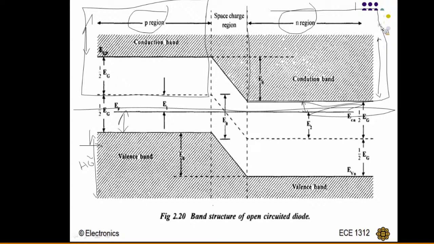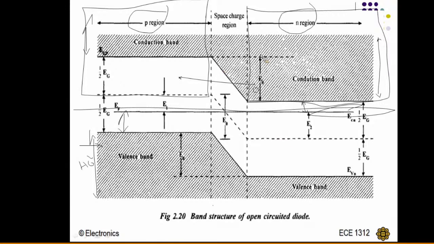I am taking only this conduction band portion. Look at these two. In the n region, the majority charge carriers are electrons. If I want to move an electron, for example, an electron is here, and I want to move this electron to the p side, is it possible in this case?